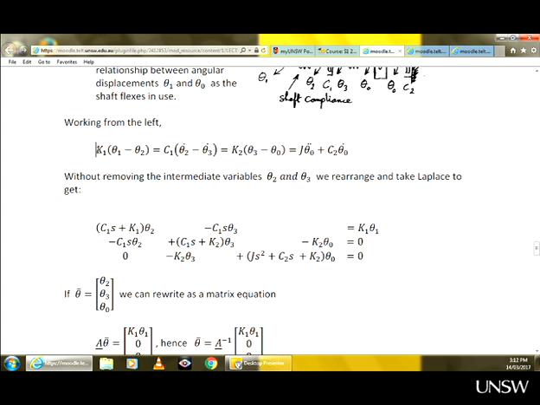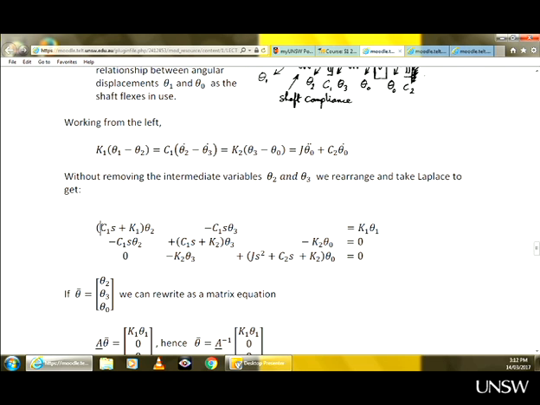So from the first equation, I have K1 theta 1. That means K1 times minus theta 2 will become plus when it moves to the other side. So I will have K1 theta 2. C1 theta 2 dot will be positive, and if I apply Laplace transform, this dot will turn into an s.